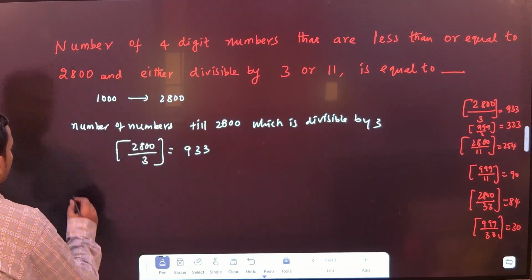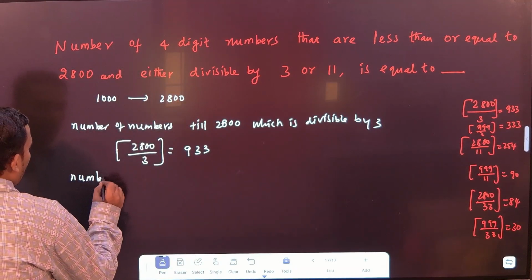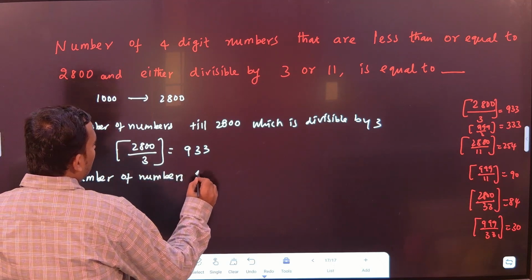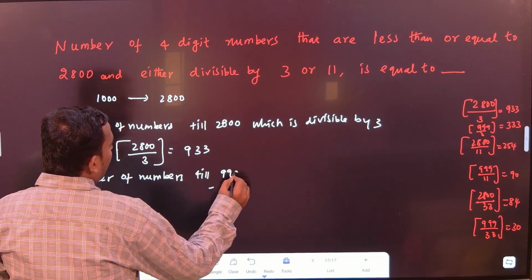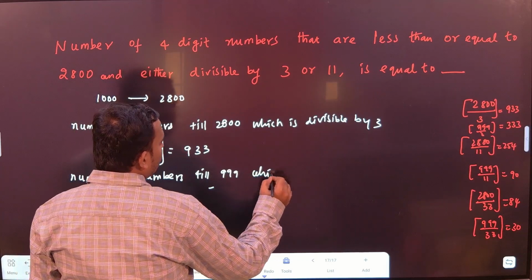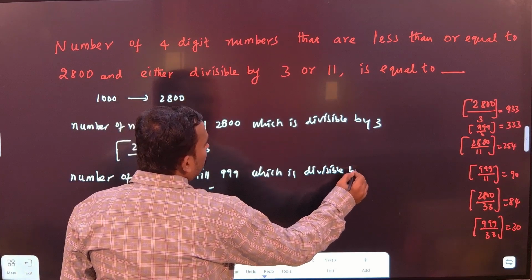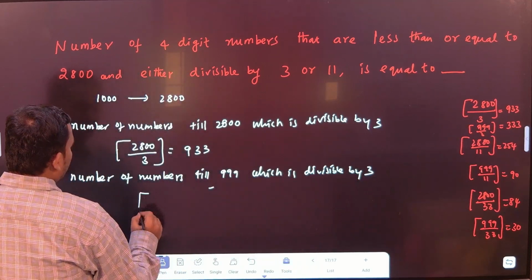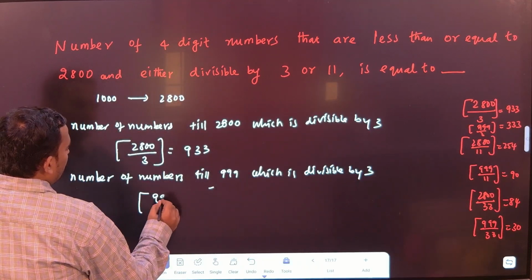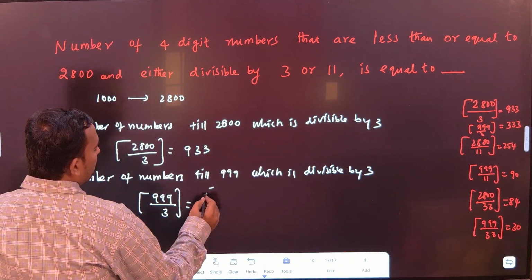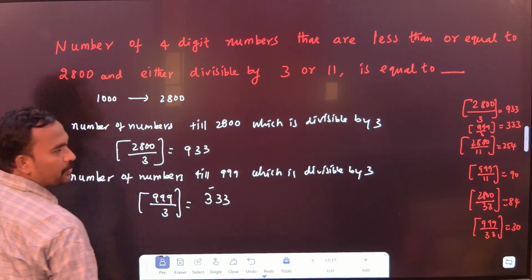So the number of numbers up to 999 which are divisible by 3. First you calculate how much it will be. 999 by 3, so how much will it be? 333 numbers are possible.